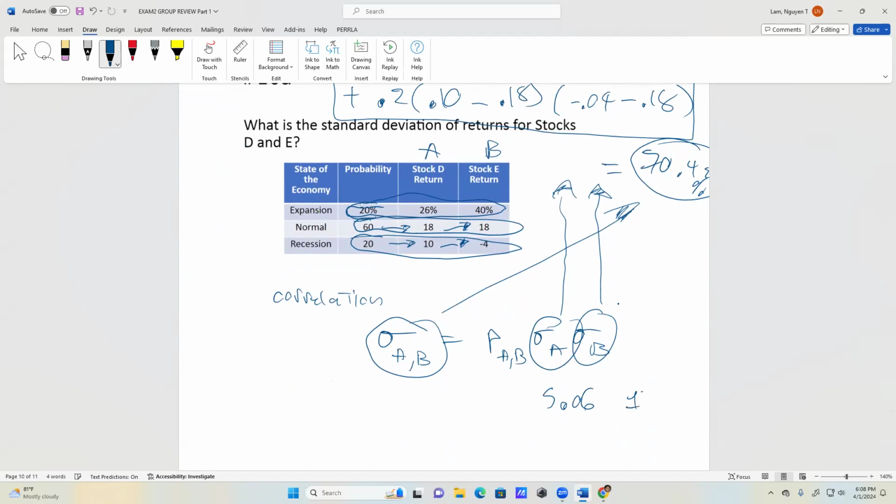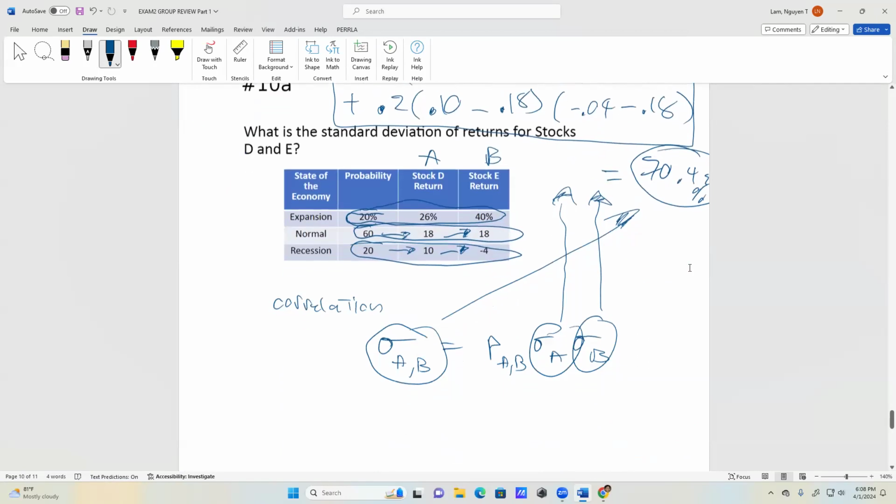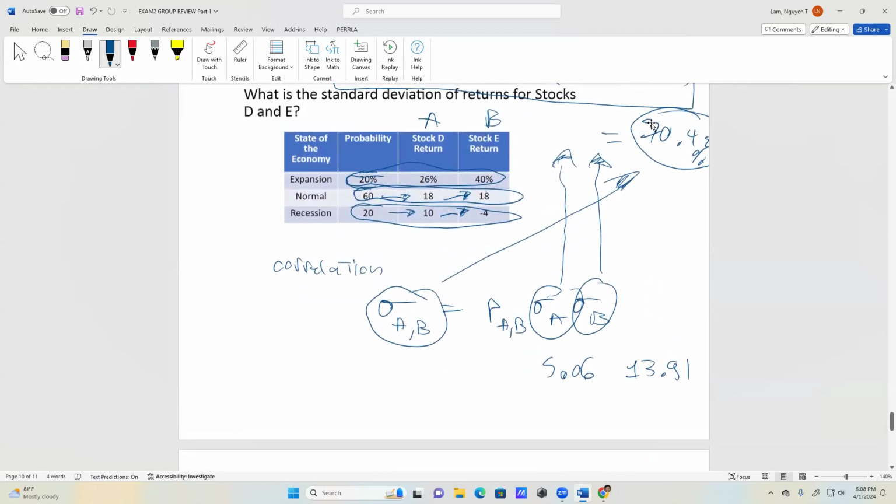Let me write that: 5.06, 13.91. All right, so I want them to be similar. I usually prefer the decimal form, like 0.00 something. I don't want to keep them as percentages, but I will try both cases to see if they add up to the same thing.